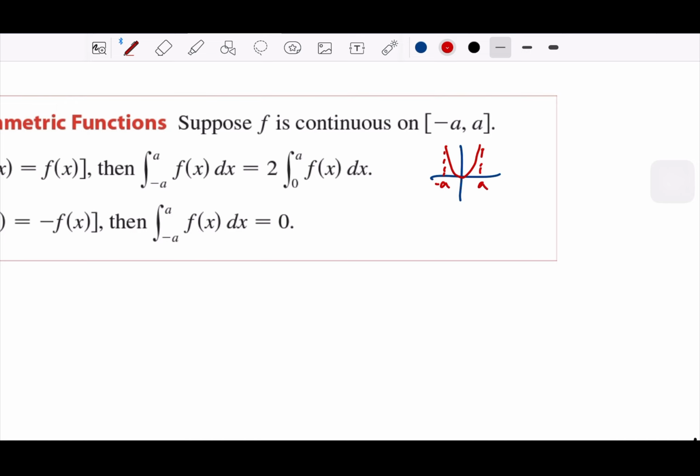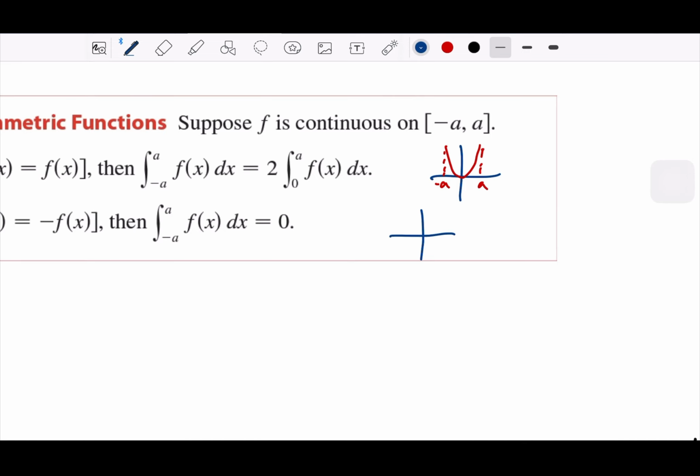Something like this. If you take negative a to a, we have this half part, and then we multiply by 2 because it's the same area, right? The same area. Later I will prove how to take this as a proof. But when we have an odd function, maybe you could think of x cubed. I think that would be easy to draw, right?